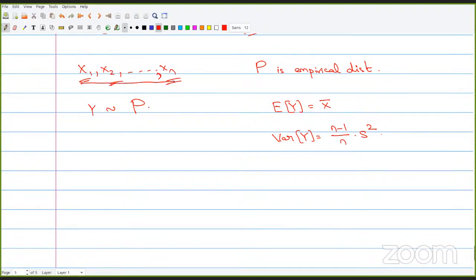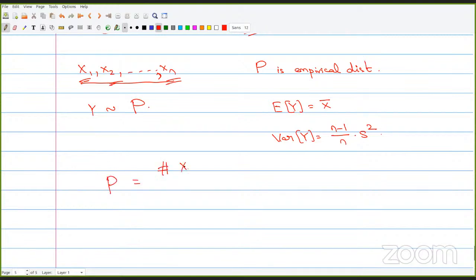Those are sample observations, samples taken from a population. What is the population here? It was not given. It was just written that let P be the empirical distribution defined by sample observations x1 to xn, and in other words P is the discrete distribution with the PMF given by the normal definition of the empirical distribution.